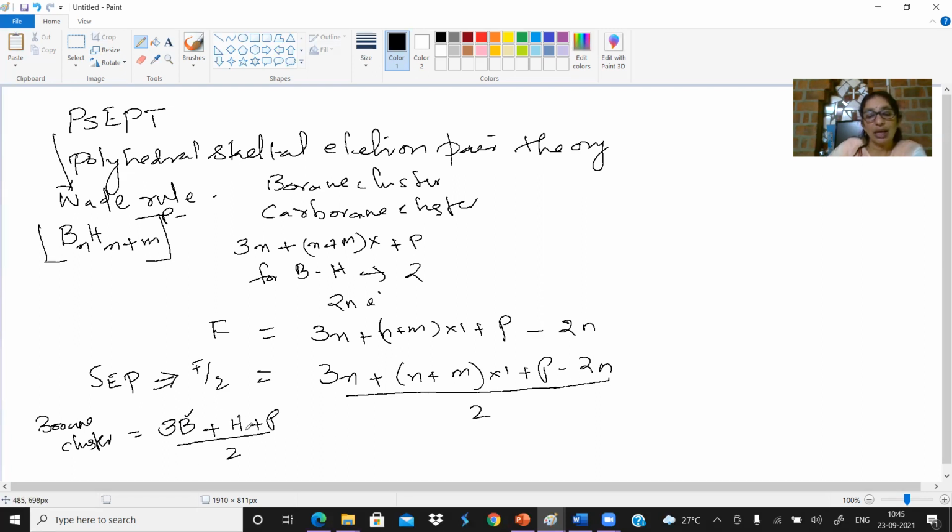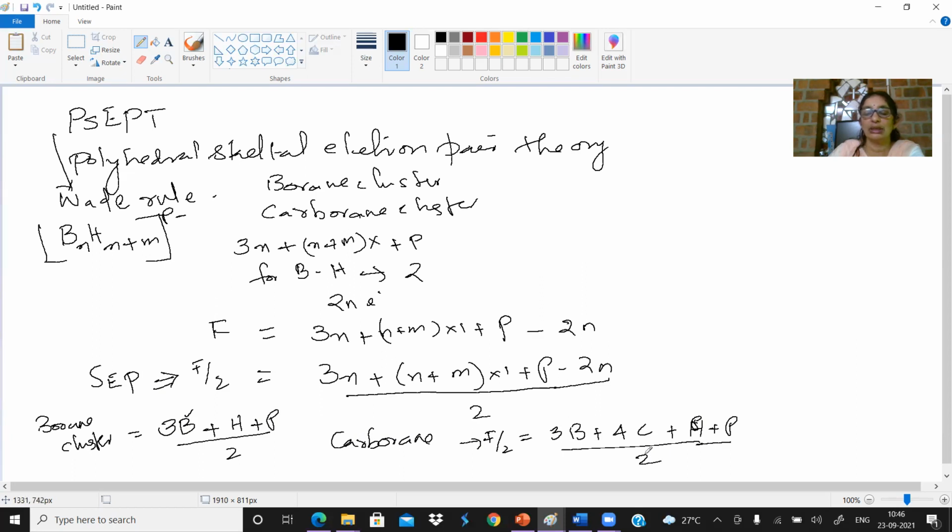If it is for a carborane cluster, you can incorporate the carbon atoms also. So for a carborane, F by 2 is equal to 3B plus 4C, the number of carbon atoms into 4 because 4 valence electrons are associated with carbon, plus H plus p, divided by 2.